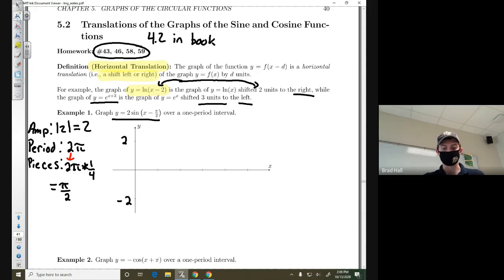Pi over 2 is the pieces, which is the displacement between each interval value. The difference between these two is pi over 2, and the difference between these two is pi over 2. It tells you the stepping value.